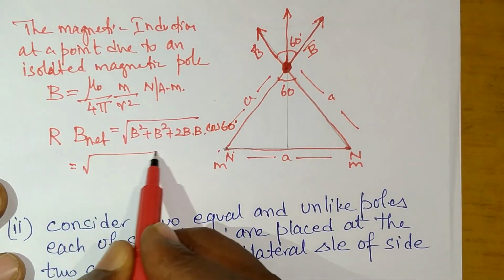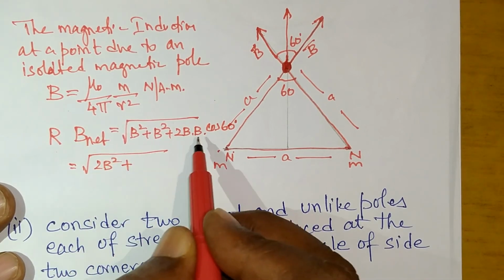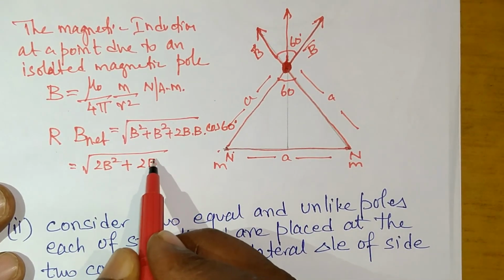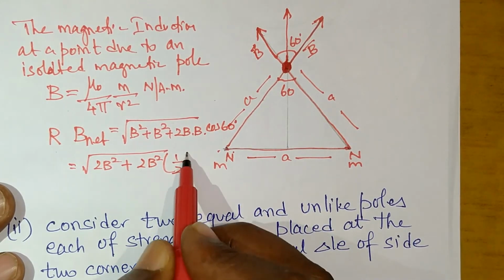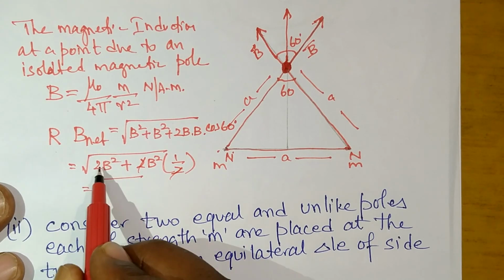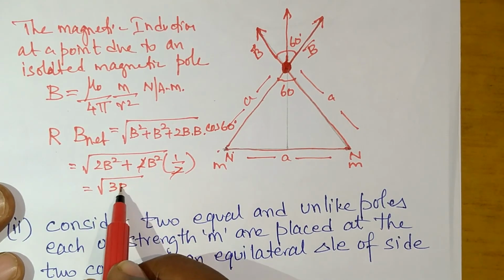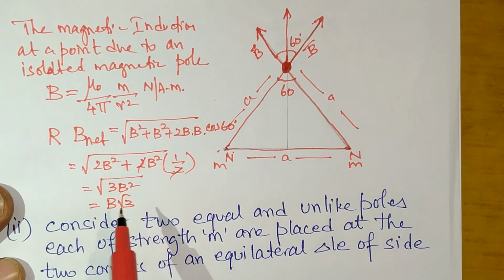On simplification we get B square plus B square is 2B square, plus 2B square into cos 60, which is 1 by 2. So the 2 gets cancelled. It is square root of 2B square plus B square, that is 3B square. Therefore it is B root 3.